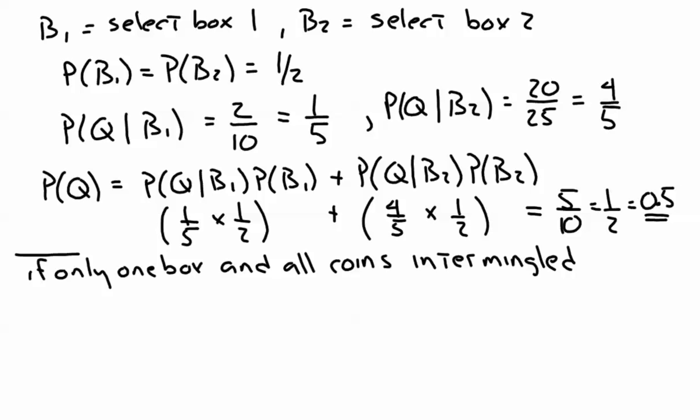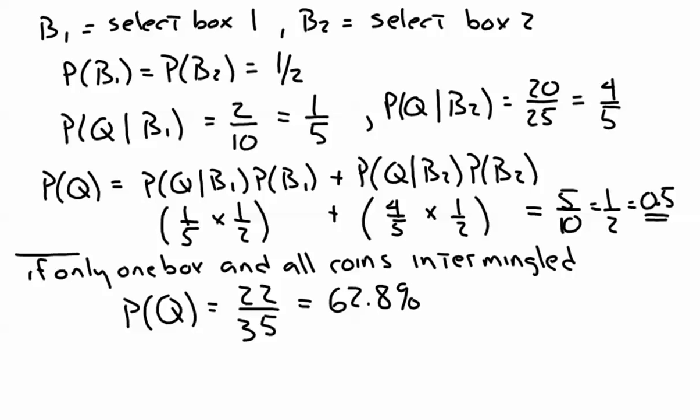Then the probability of randomly selecting a quarter would have been 22 chances out of the 35 total coins. There are 22 quarters total in the two boxes out of 35 total coins, and this works out to be 62.8%, 0.628. And that's certainly not equal to a half.